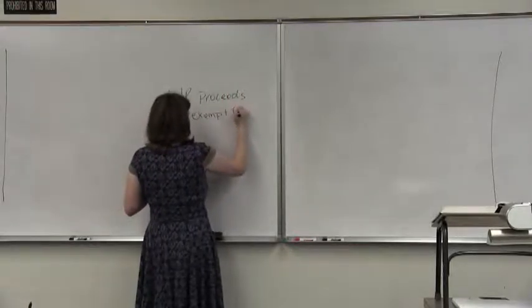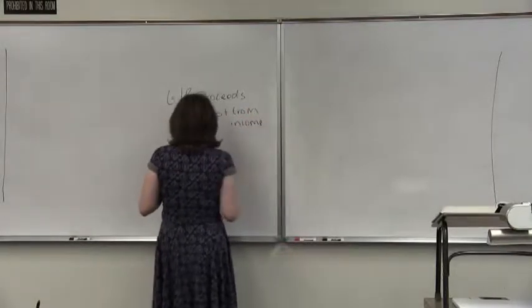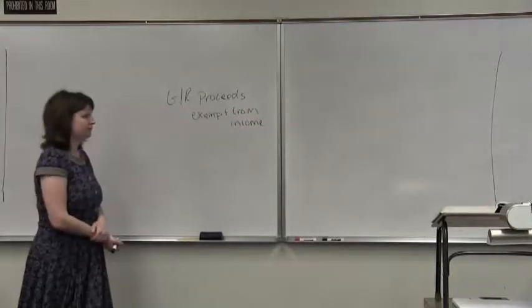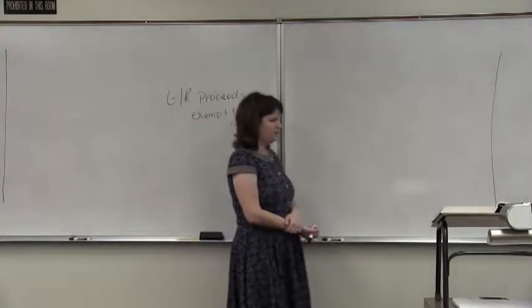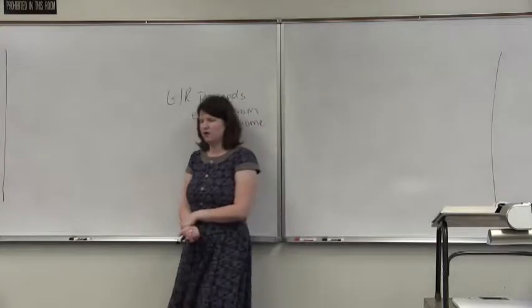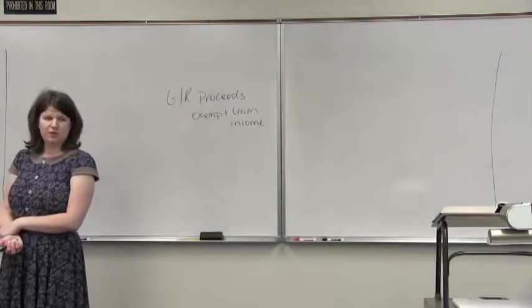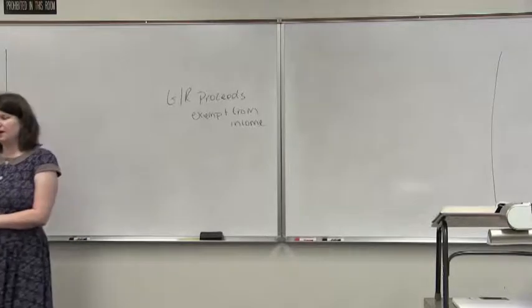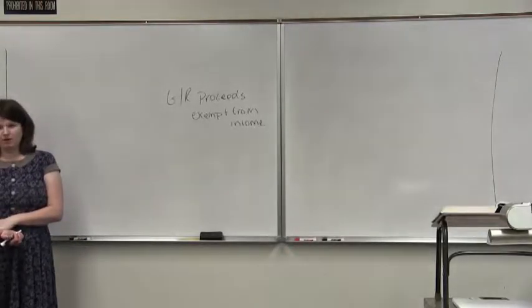So when a father has a life insurance policy with his daughter as the beneficiary, and the father dies, and the proceeds are paid to the daughter, she does not have to pay income taxes on the proceeds of that policy.